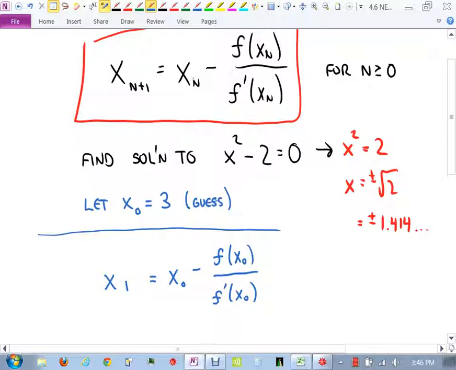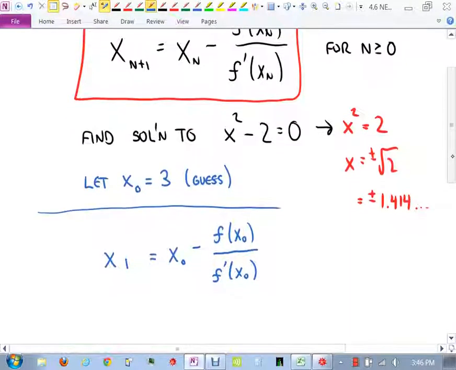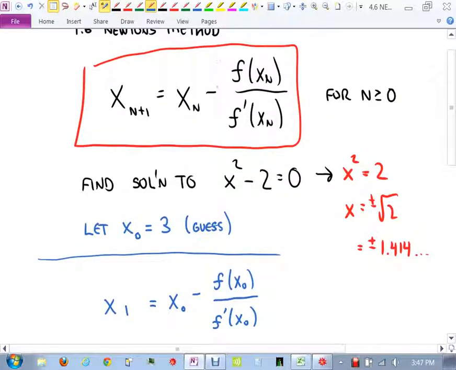So if this n is 0, this over here, n plus 1, would be 1. So the next x value, the x sub 1, should be whatever that computes to be. If I replace this n here with 0, that with 0, that with 0, then this side becomes 0 plus 1, which is 1.